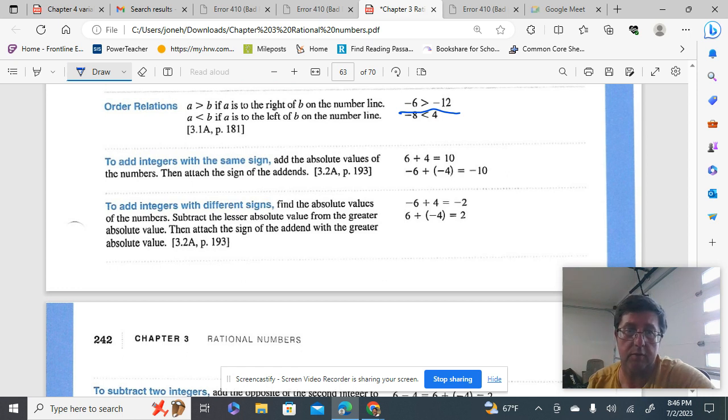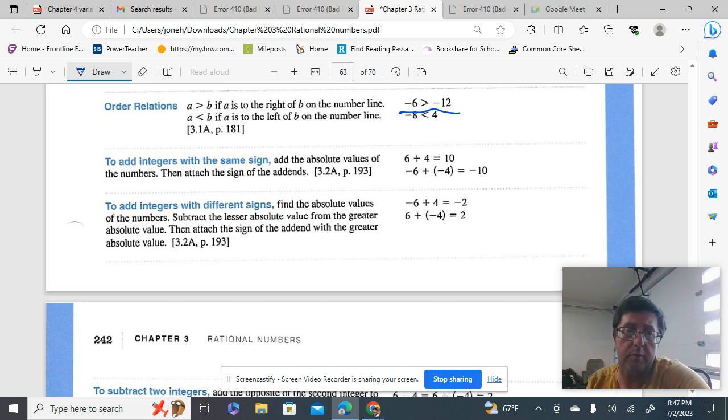To add integers with the same sign, I'm really not as concerned about this, but if you were to add 6 plus 4, you would get 10. If you wanted to add a negative 4, you could do 6 plus negative 4 equals negative 10, and you would just enter that into your calculator.